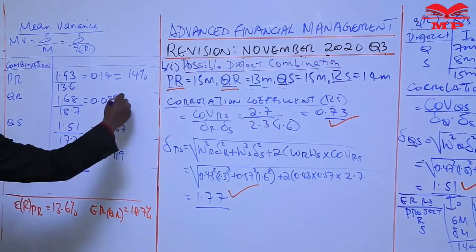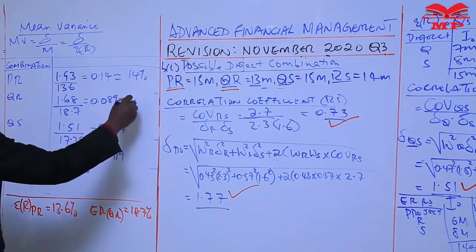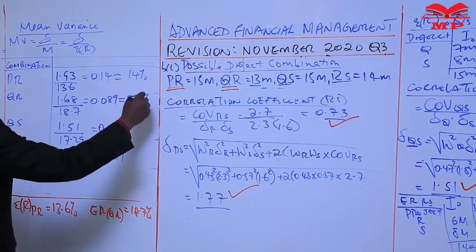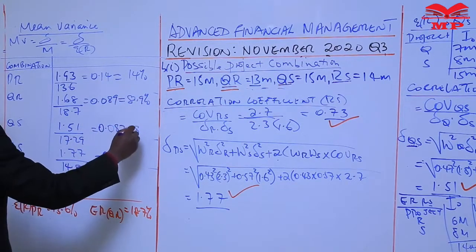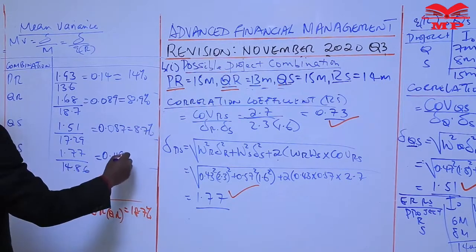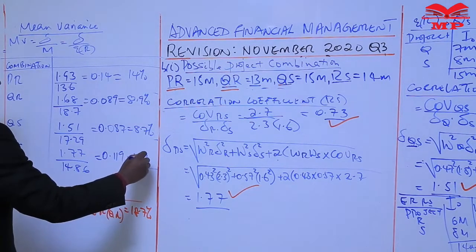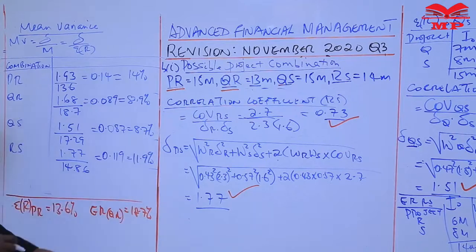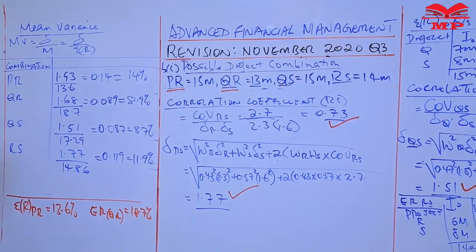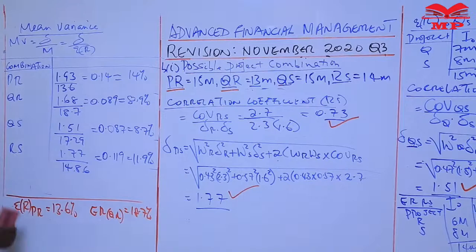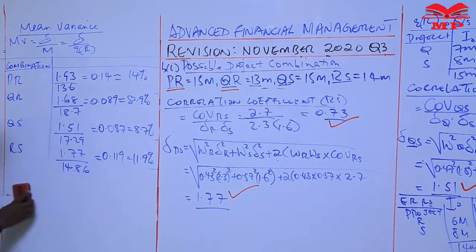Now when converted into percentages, this is 8.9%, this is 8.7%, and this is 11.9%. So those are the mean variances.